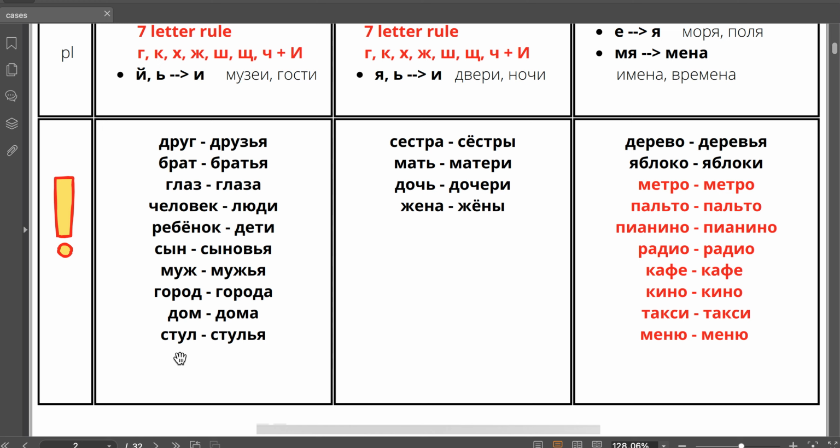Chair and chairs. We're done with the masculine category in nominative case. We know how to identify the gender, how to create a plural form of a masculine noun, and we know irregular plural nouns.